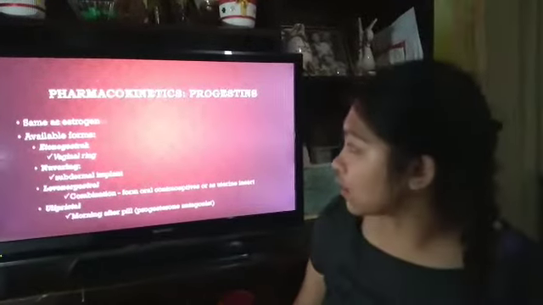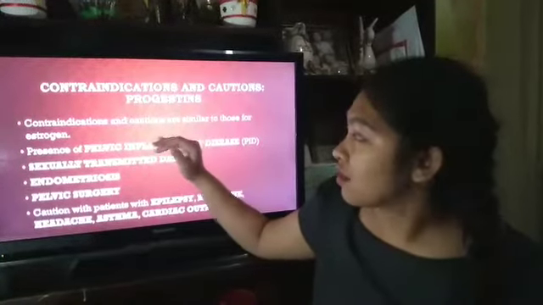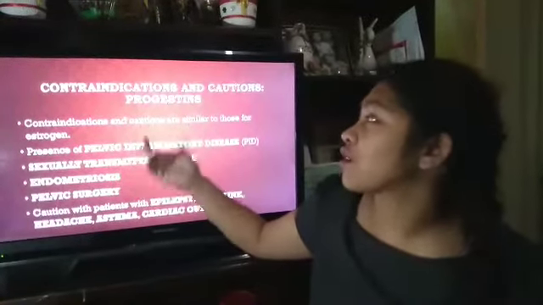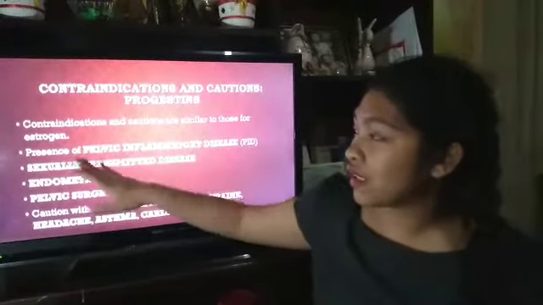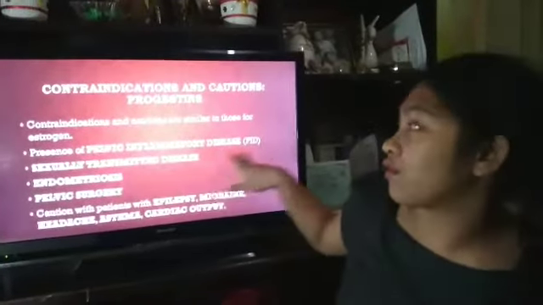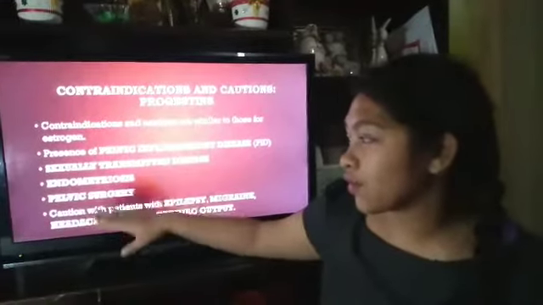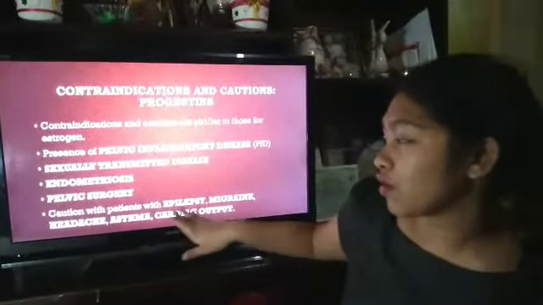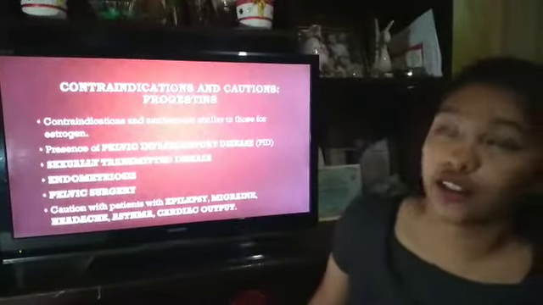It's a progesterone antagonist. Contraindications and cautions of progestins are similar to those of estrogen, but it's also contraindicated in patients with PID or pelvic inflammatory disease, sexually transmitted disease, endometriosis, and pelvic surgery, and use caution with patients with epilepsy, migraine headache, asthma, and cardiac output problems.